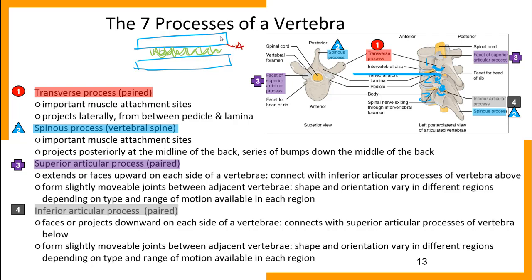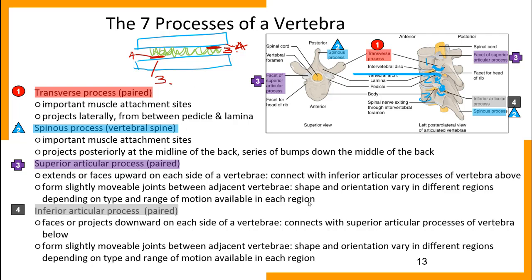This is the inferior articular process of the bun on top. And this will touch over here the superior articular process of the chicken burger. If you look at the bottom of the chicken burger, where it touches the lower bun, that's the inferior articular process of the chicken burger touching the superior articular process of the bottom bun. I hope this makes sense.